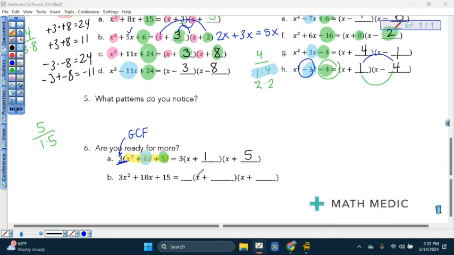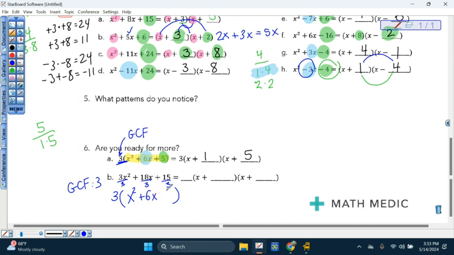We're going to do the same thing in part B. I first want to factor out the GCF. So what is the GCF in part B? 3. So I'm going to take the 3 and stick it out in front. And now I need to divide by 3. So what is 3x squared divided by 3? Yeah, just x squared. What's 18x divided by 3? 6x.